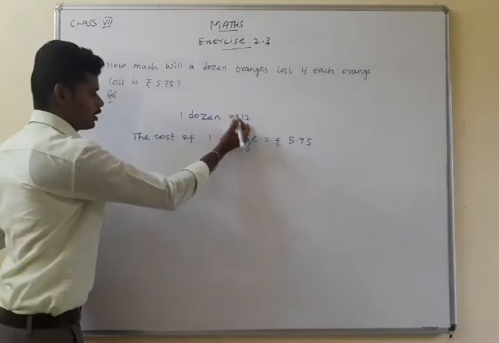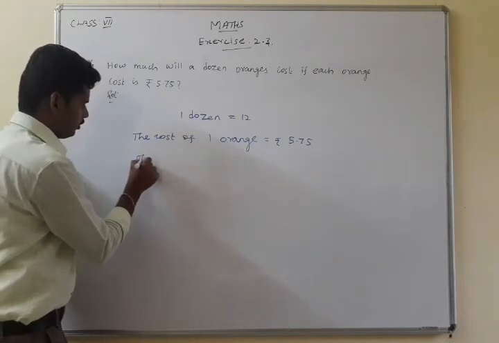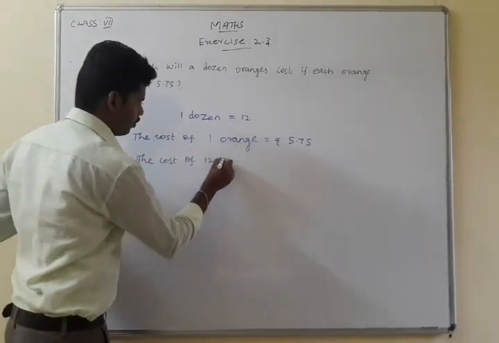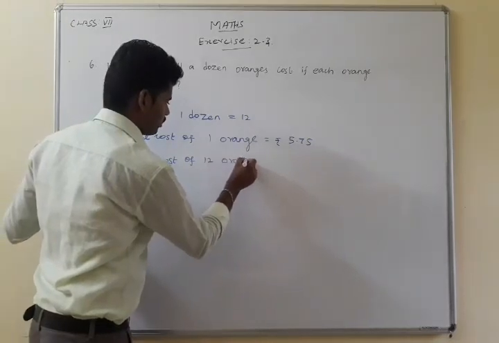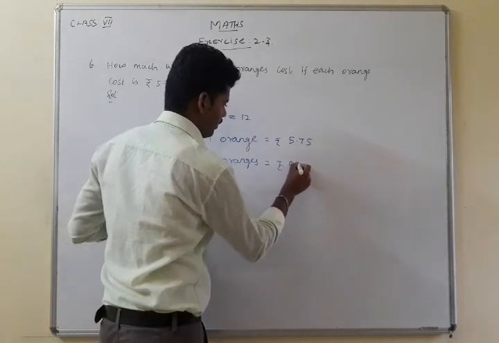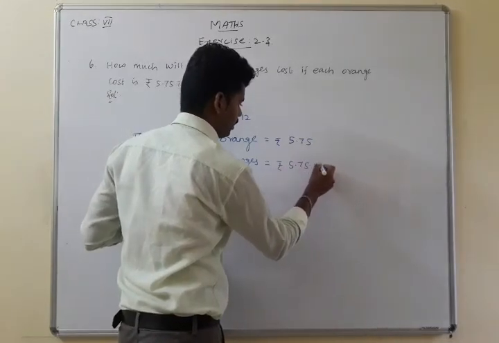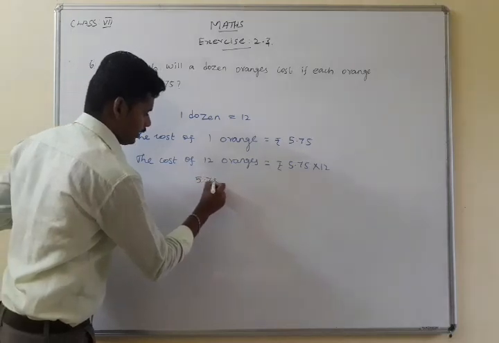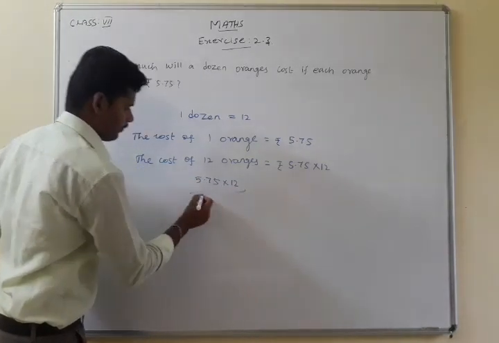Total 12 oranges having. Therefore the cost of 12 oranges equal to 5.75 into 12. 5.75 into 12, this one you multiply.